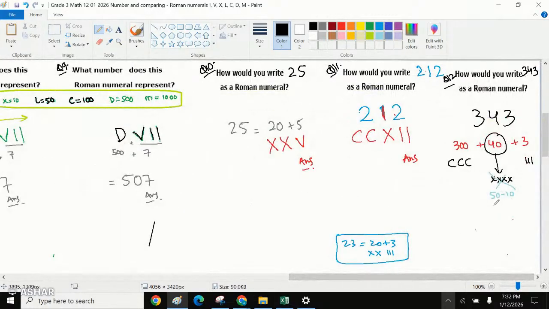So we can write XL for 40. So we write CCC XL III. So 343 can be written as CCC, XL and 3 ones. 40 cannot be 4 times 10. 40 is 10 less than 50, and 50 is represented by L in Roman numerals.